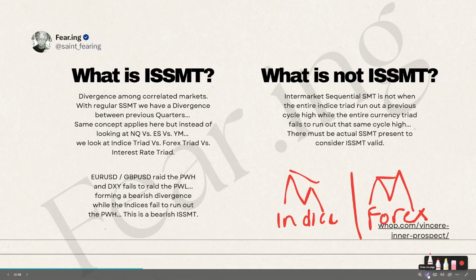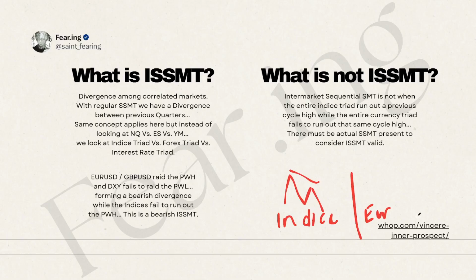And I should probably fix this up a little bit and make it more like this, Euro and DXY. This is what it would be. This is your intermarket ISMT. Indices fail to run the previous high, Euro runs the previous high, DXY fails to run the previous high. This is your intermarket sequential SMT.